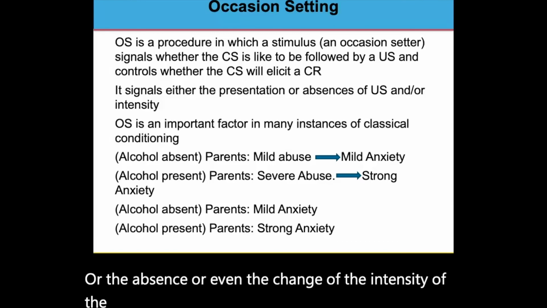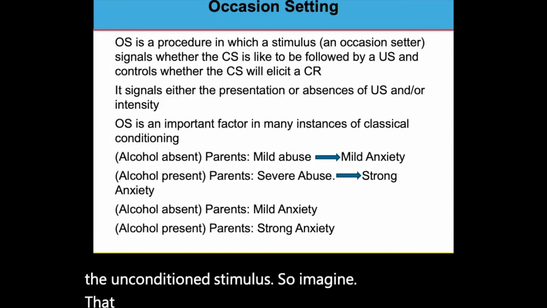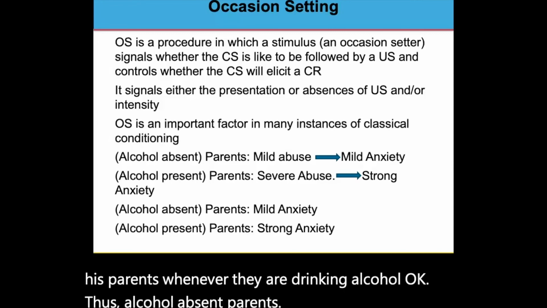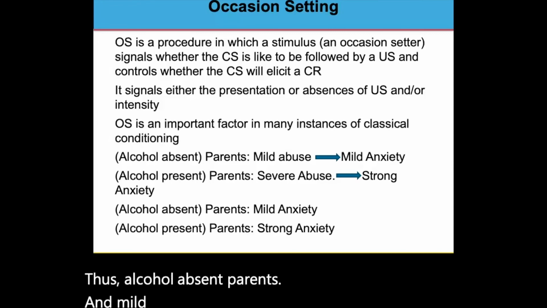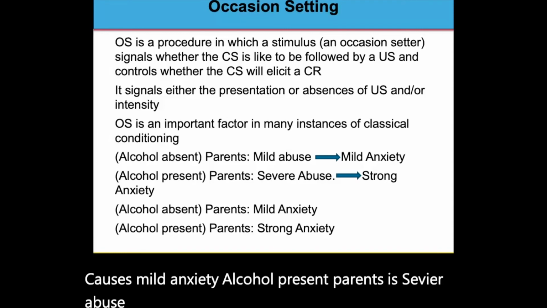So imagine that an abused child receives his worst beatings from his parents whenever they are drinking alcohol. Thus, alcohol-absent parents and mild abuse cause mild anxiety. Alcohol-present parents is severe abuse and causes strong anxiety.